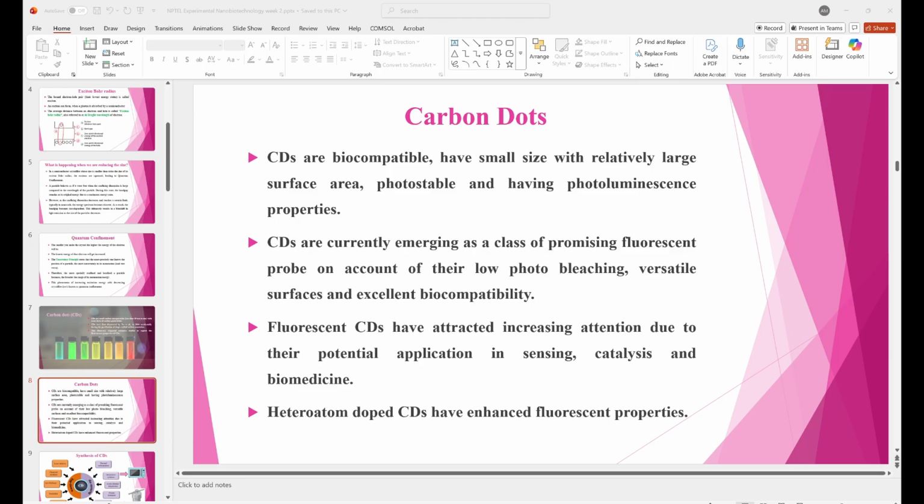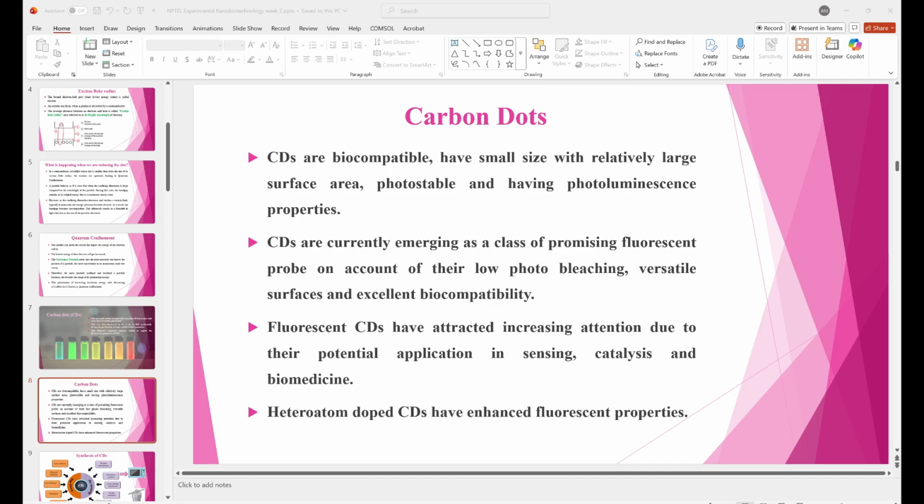Sensors outside the body are nowadays being developed using carbon dots. Like last time we talked about gold nanoparticles, which give colorimetric sensors. Carbon dots have a similar property. It will show that there is some aggregation, and the fluorescence will quench. So you will get sensors with on-off technology.